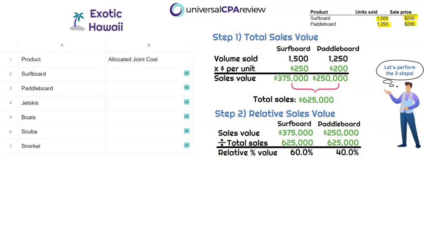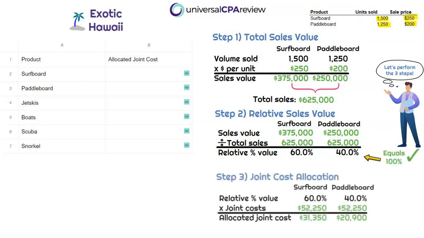And same calculation for paddleboard, and they make up the remaining 40%. And what's our check here? Does it equal 100%? And it does. So the last step is just going to be to allocate those joint costs of $52,250 to each product. And we're going to use those percentages we just calculated.